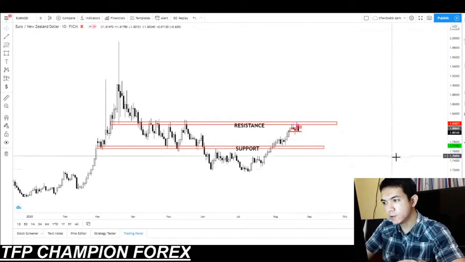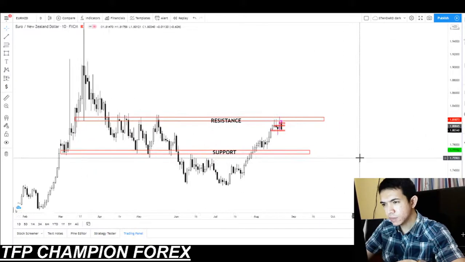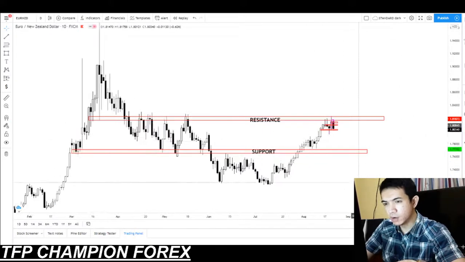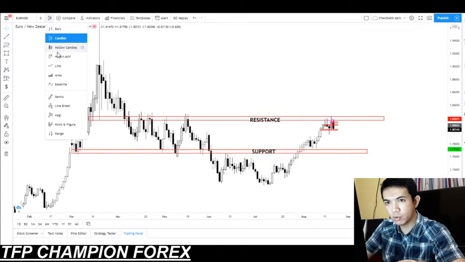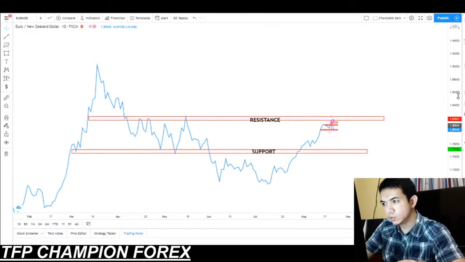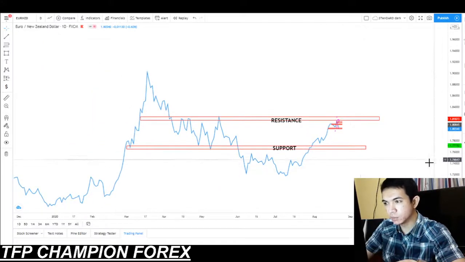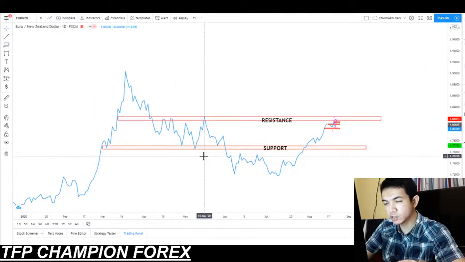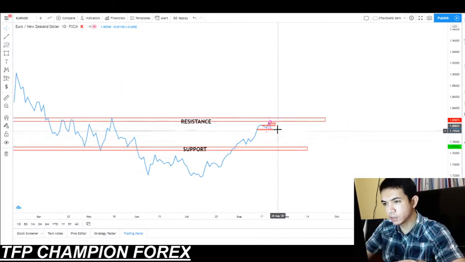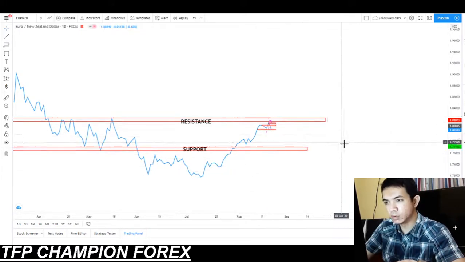That's why we have made our key significant level here as a support through changing our chart to line chart to remove all the noise from the wicks. Again, this line chart represents the closing of the candles. So I'm expecting the market to react to this level going down as a correction, forming another higher low.